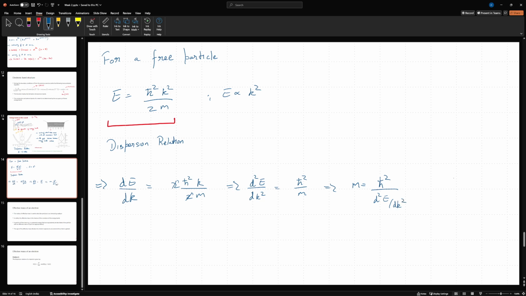So this is true for a free particle. I have not done any special derivation here for the general case.